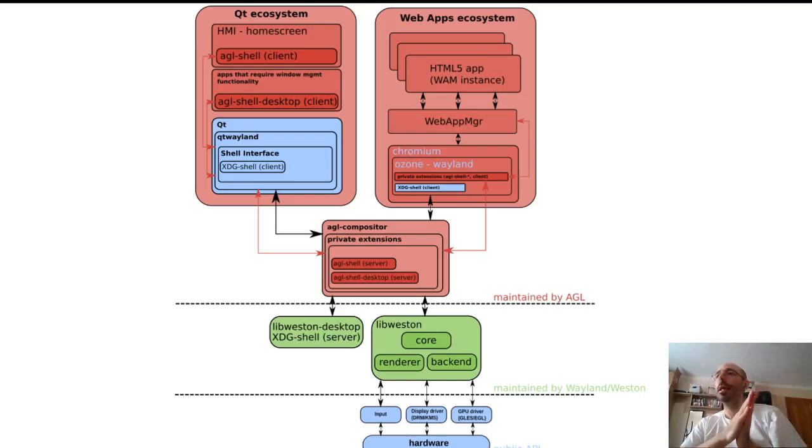So for Qt, you see that the home screen HMI will bind directly using the Qt Wayland Qt platform abstraction mechanism to get a hold of the display handle, while for the Chromium Ozone Wayland side we need to provide an implementation for the private extension at that level, and something equivalent would be the web application manager.